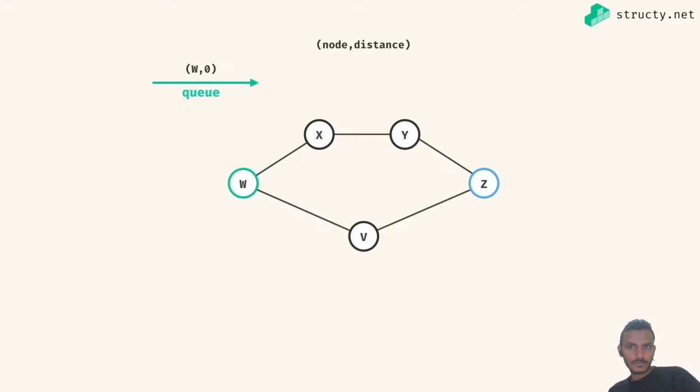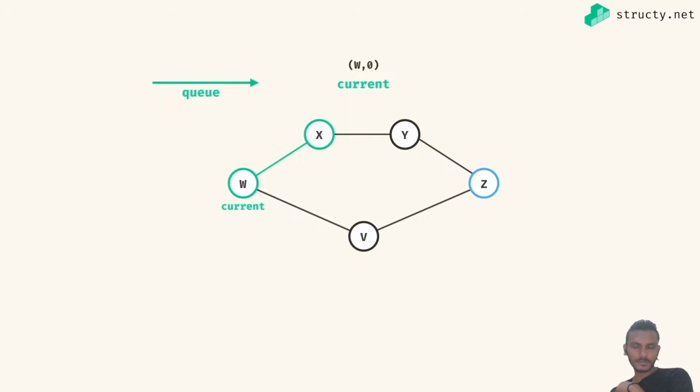So now we can begin our general algorithm. I'm going to keep iterating while my queue is not empty. A single iteration of breadth first would remove the front item of my queue, and I'll label it as my current node. At this point, I should check, is my current node of W the thing I'm looking for? It's not, so I need to explore W's neighbors. So I can look at the X node, and I know I need to add it into my queue.